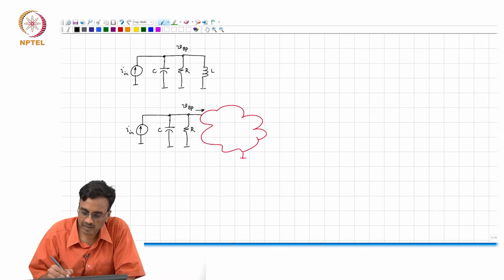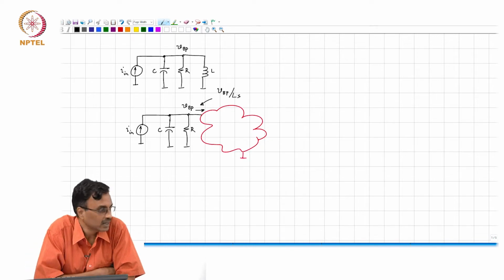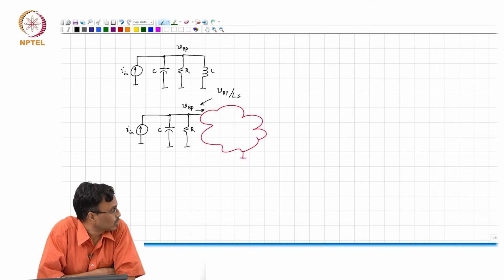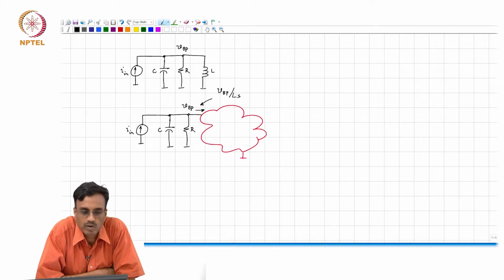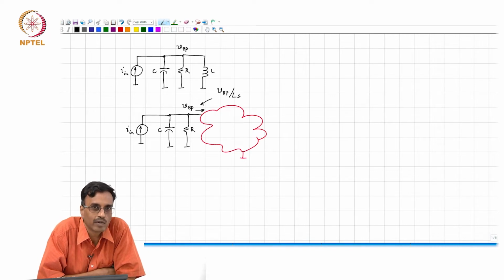It is nothing but VBP over SL. In other words, you have to draw a current which is proportional to the integral of VBP. One way of doing that would be to simply put an inductor there, but the whole idea was to avoid the inductor in the first place.